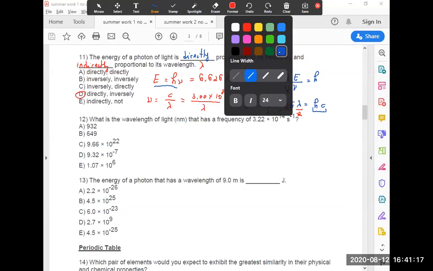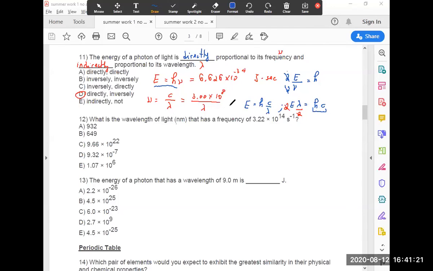What is the wavelength of a light of this many nanometers? No, he wants it in nanometers. That has a frequency of, so this is the nu. I want the wavelength. So c divided by the frequency is going to be the wavelength.